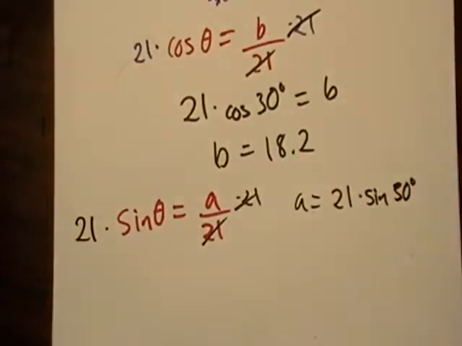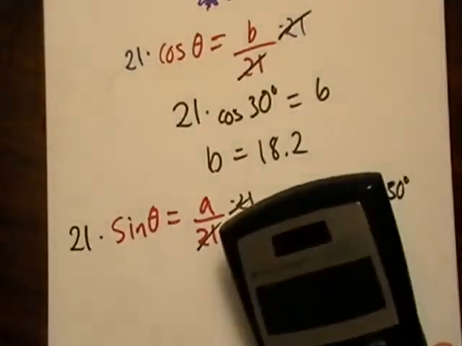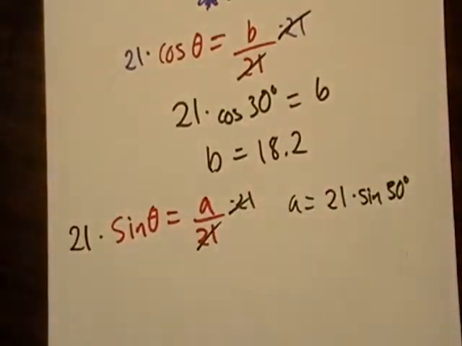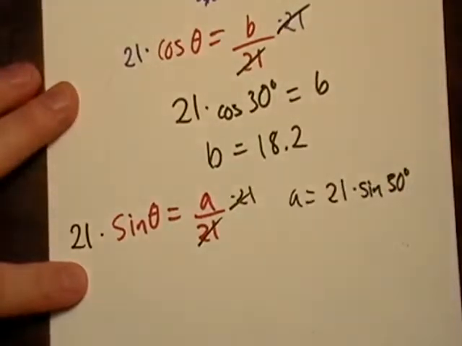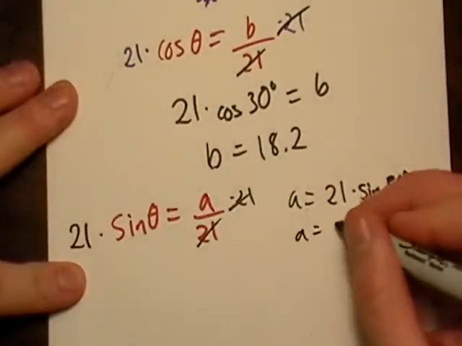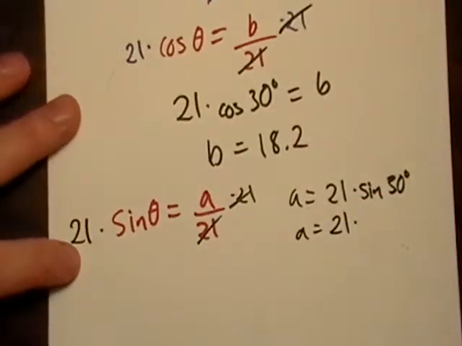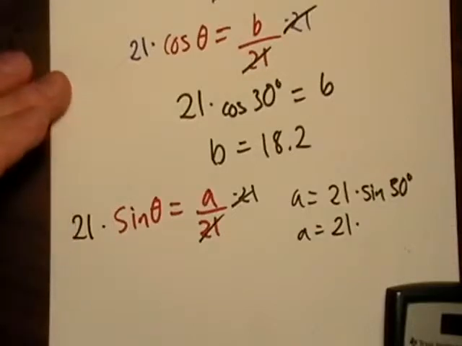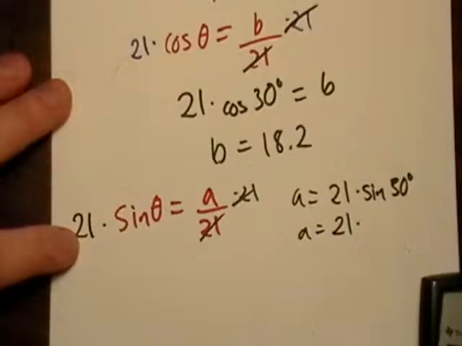Oh, and make sure your calculator's in what's called degree mode. There should be a little DEG, RAD, GRAD setting and all that stuff. So sine of 30, well, I know that's 1/2, but I'm going to type it in here and see what it says. A equals 21 times sine of 30.